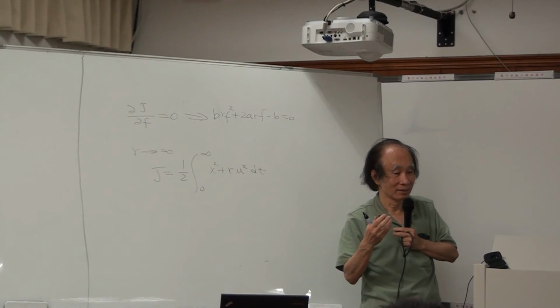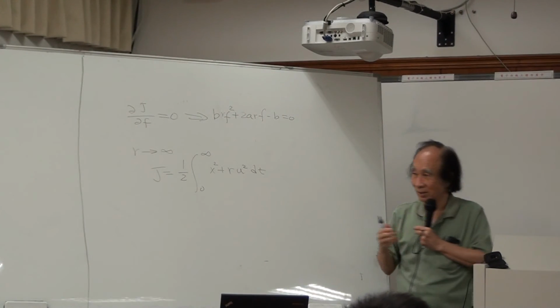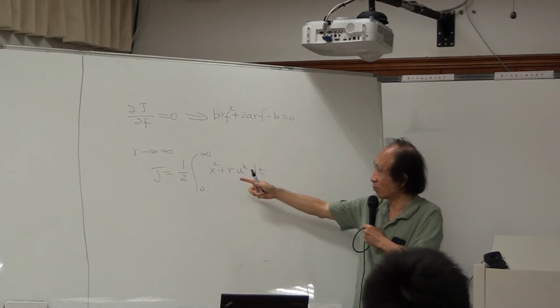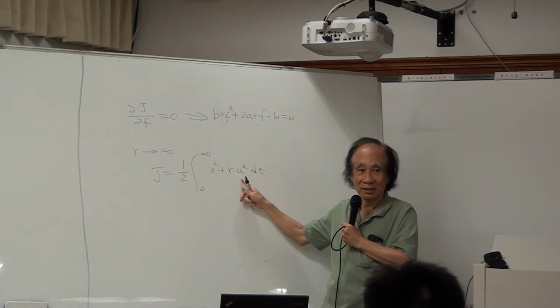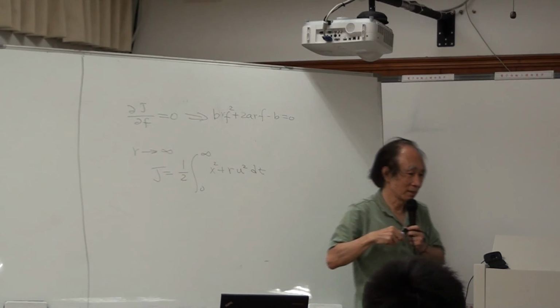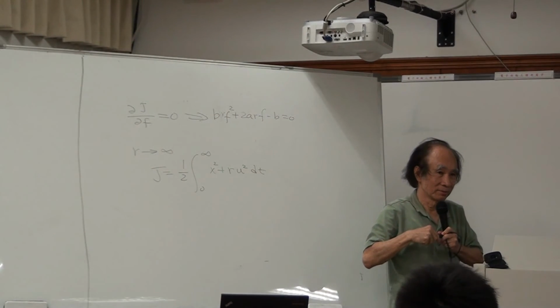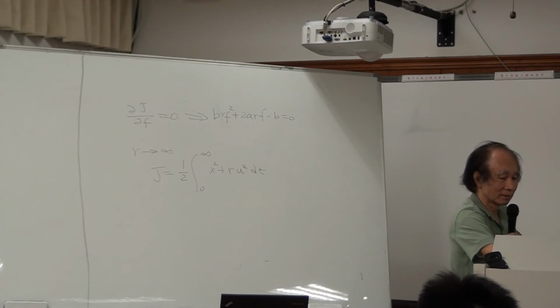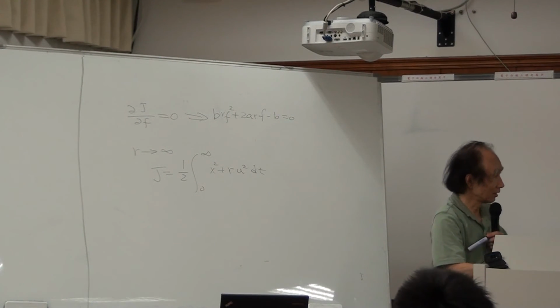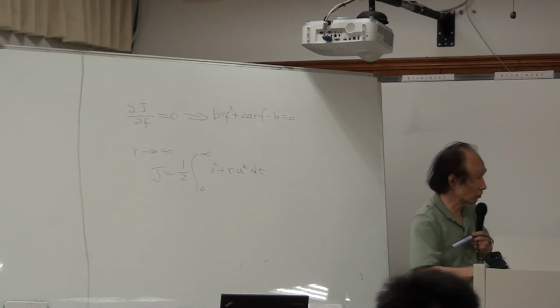Agree? Okay. Now, that's what it means. When R goes to infinity, U is my concern for the control. Alright? When I do that, look at these two solutions.